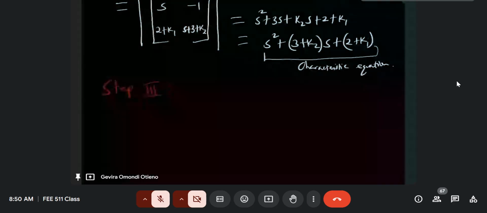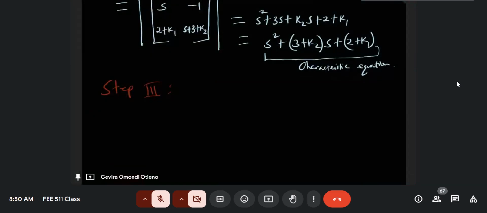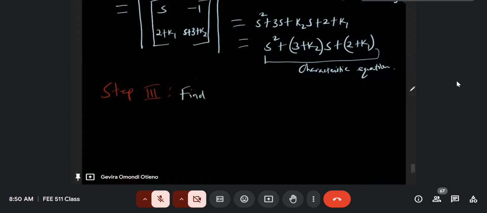That's the solution. So find the desired expression, abbreviated DE.